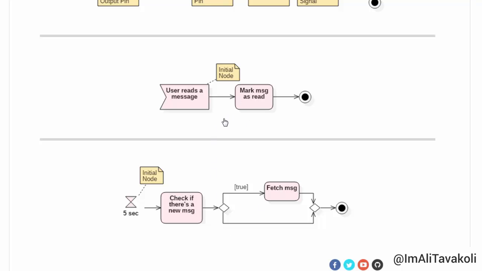And in these two examples, I have also explained that, like what I said earlier, the initial node can be the time event or a receive signal.